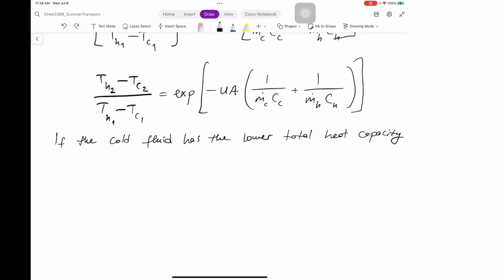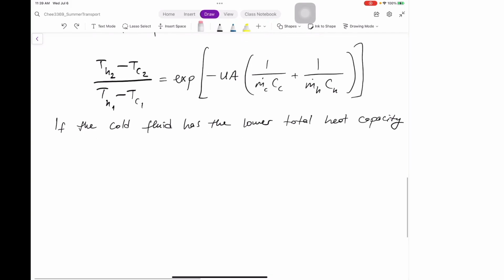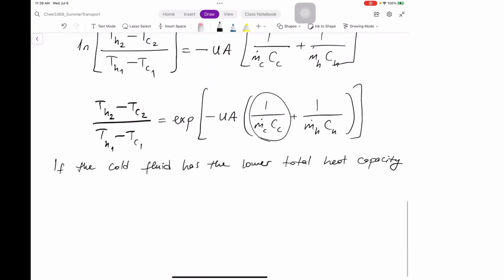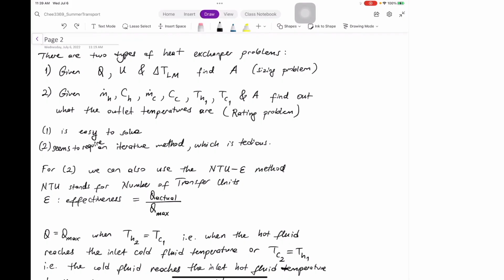And for this one, I want to actually take this thing out of the parentheses, and I want to write something like 1 plus some small number. I'm not going to do any approximation here, but I'm just going to rewrite it by factoring out this 1 over m_c·C_c. Okay.